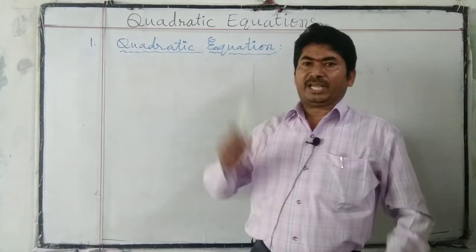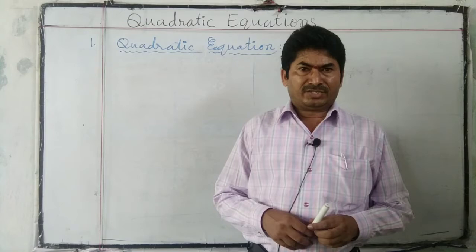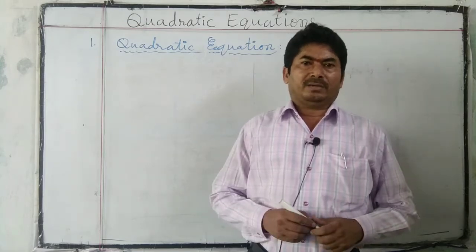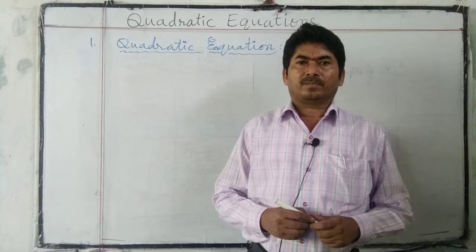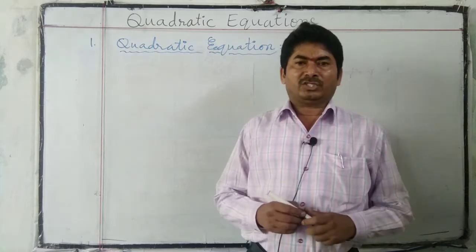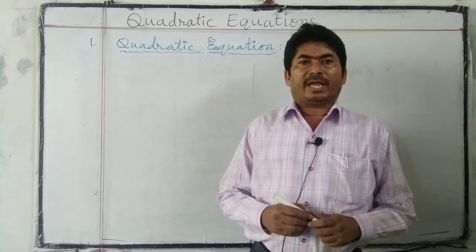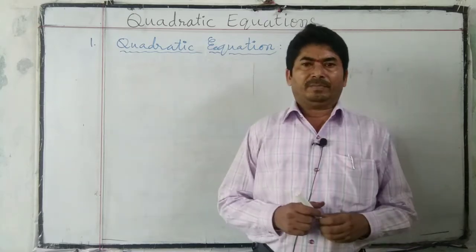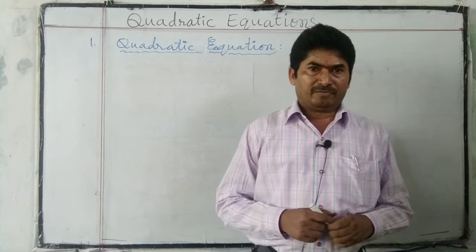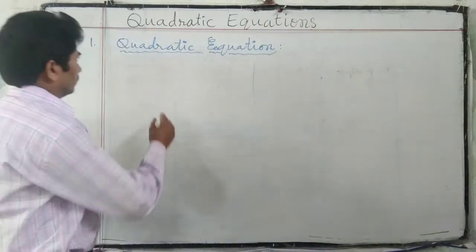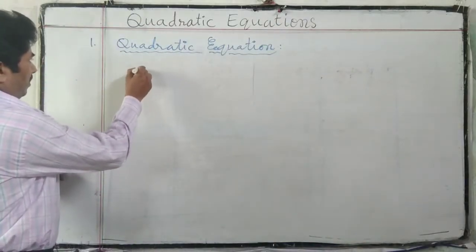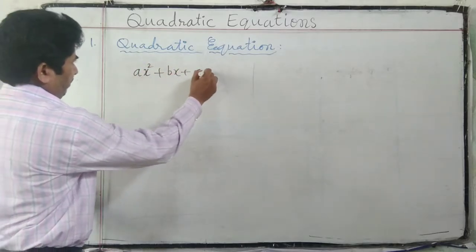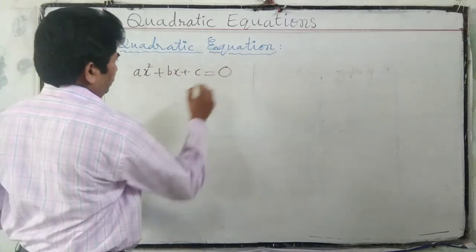First, quadratic equation. What is a quadratic equation? If a, b, c are real numbers and a not equal to 0, then ax square plus bx plus c equal to 0 is called a quadratic equation. Let us see once again. ax square plus bx plus c is equal to 0.